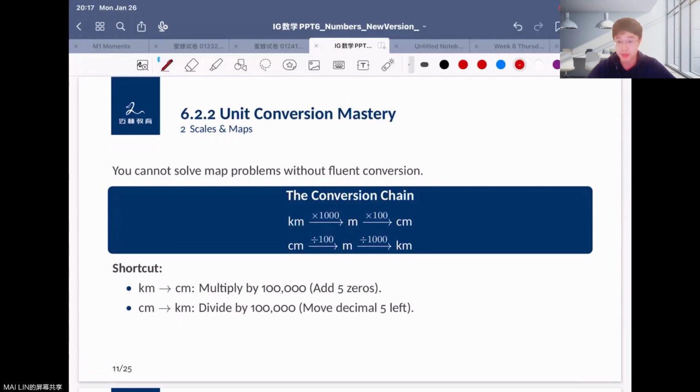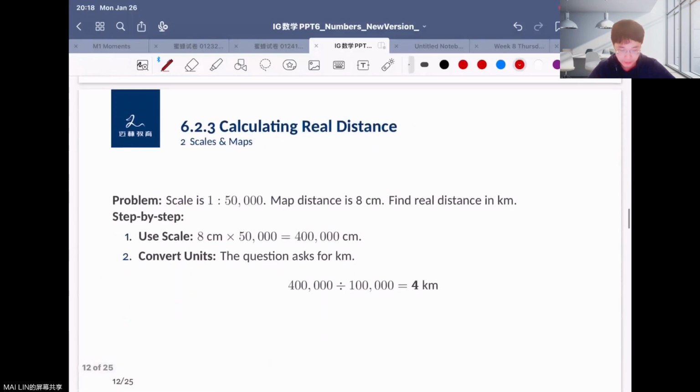For centimeter to meter, we divide by 100, and from meter to kilometer, we divide by 1,000. Please remember the conversions between kilometer and centimeter in both directions. They are very important.